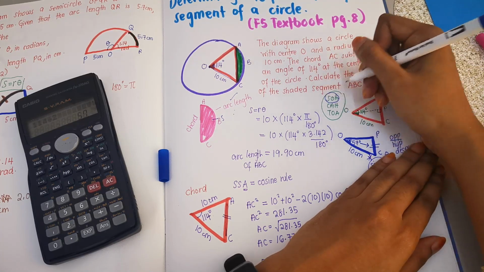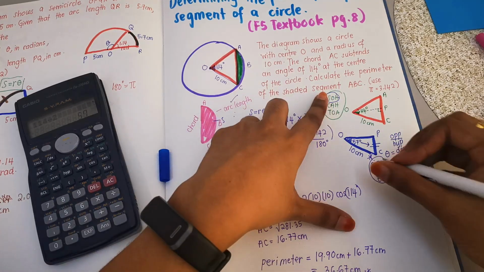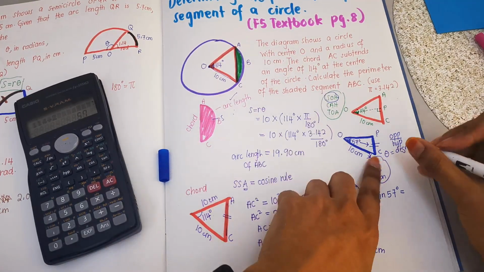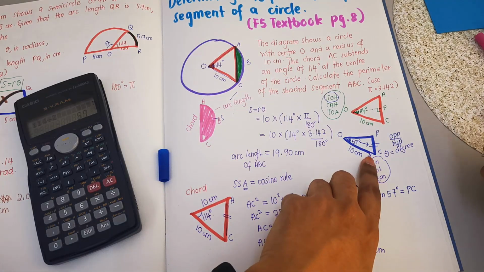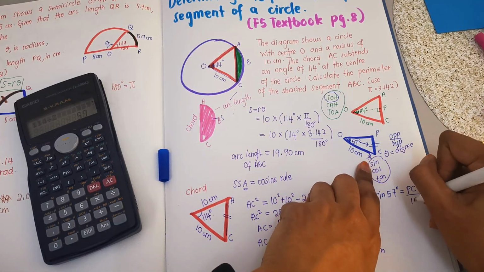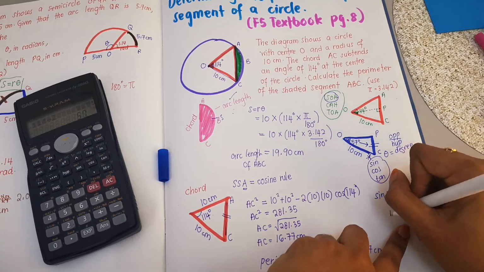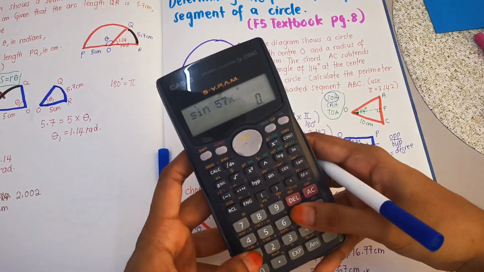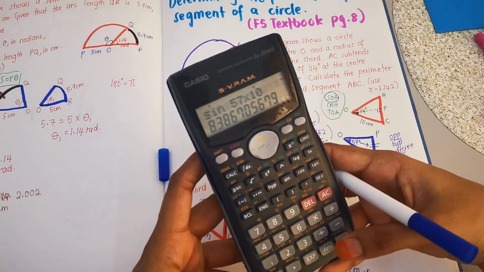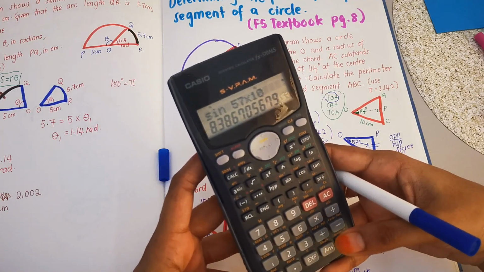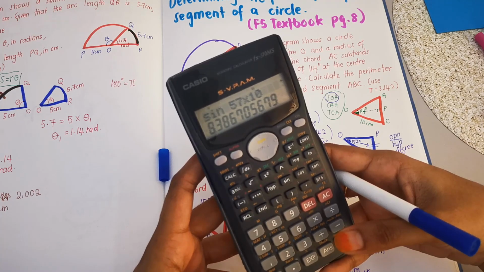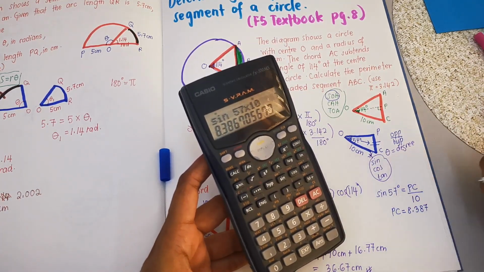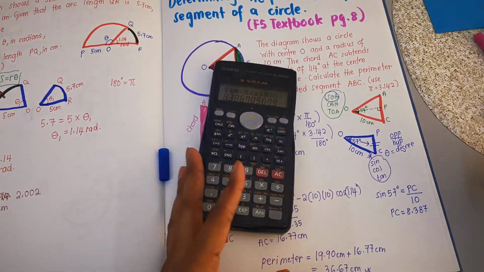So sine 57 equals opposite PC over hypotenuse 10. Sine 57 times 10, we get 8.386. I'm going to use 8.387, at least 4 significant figures.